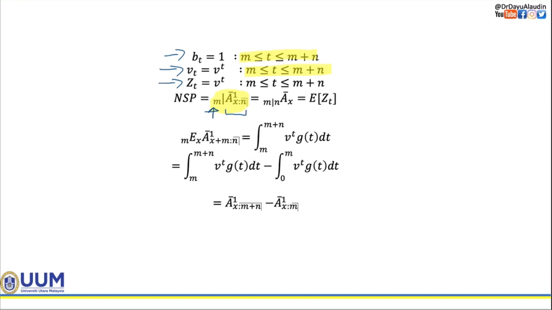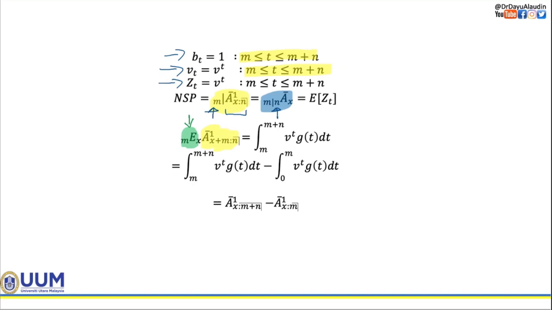Or we also can write it in terms of whole life, but we have to add on the N years here. Since we have to survive until M years, here it is the pure endowment times the term insurance starting from X plus M for N years.